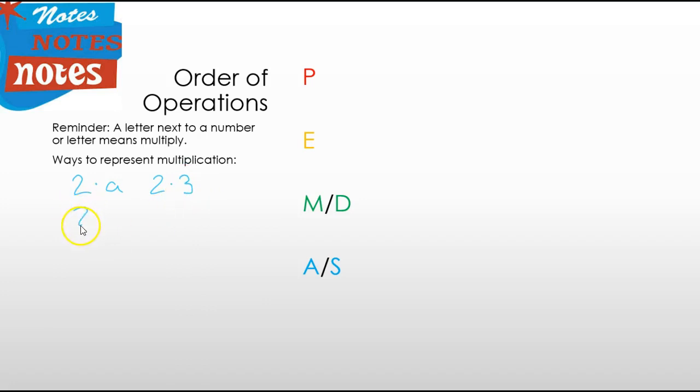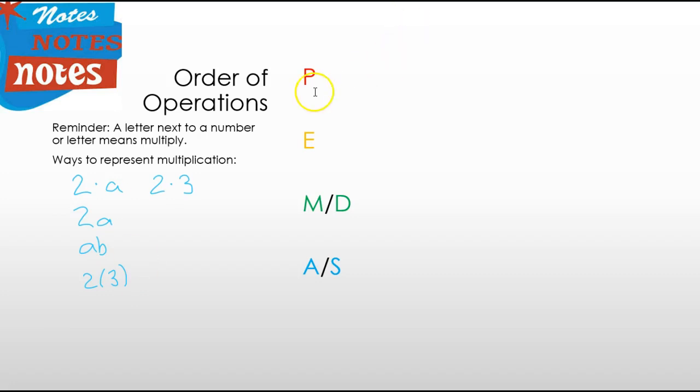We could just have 2A. We could have AB. We could have 2 parentheses 3. All of these are just different ways to write multiplication.